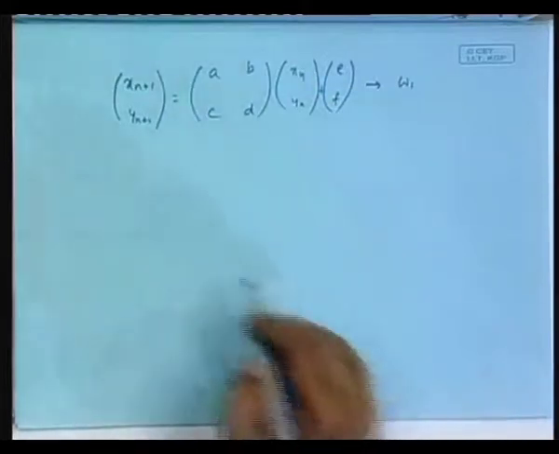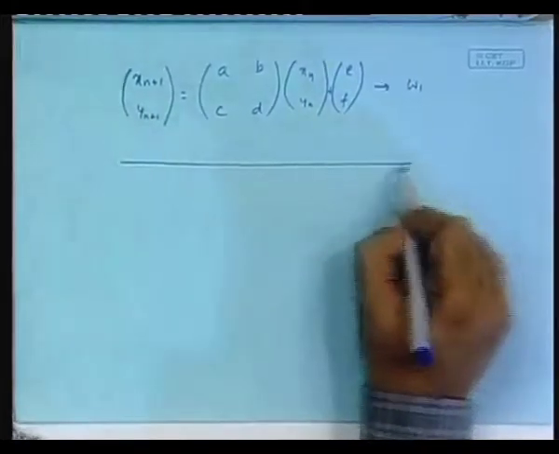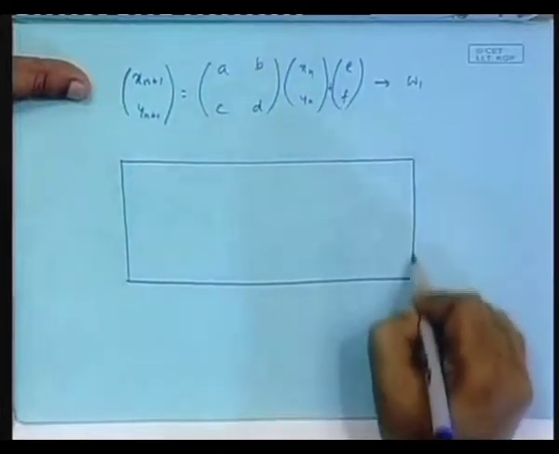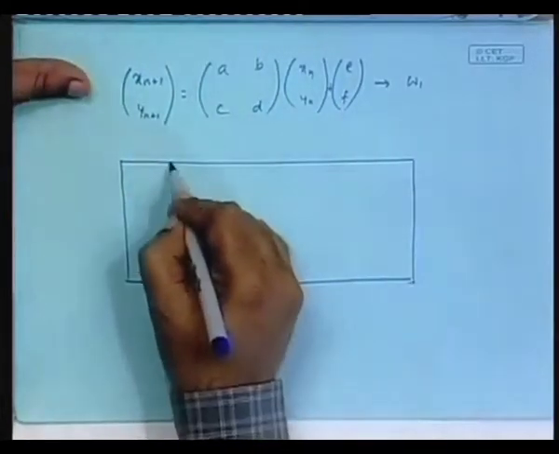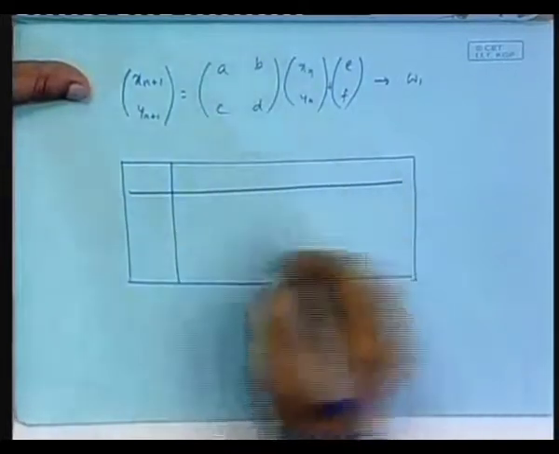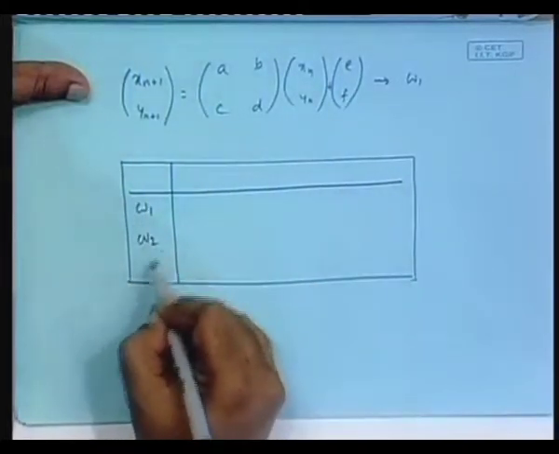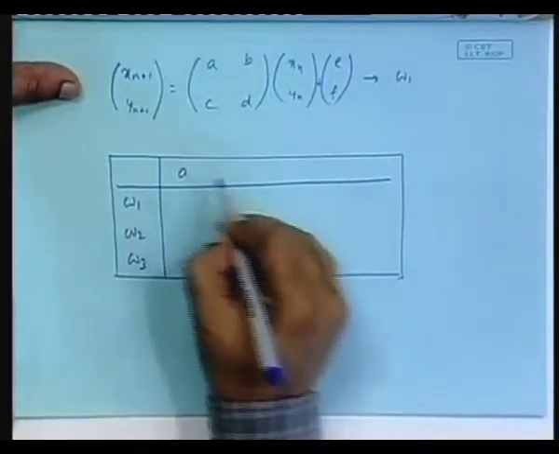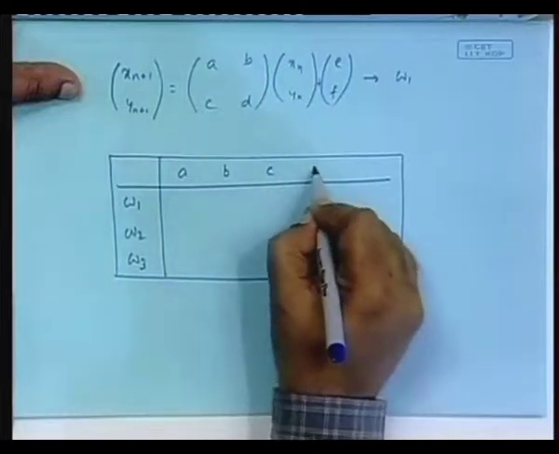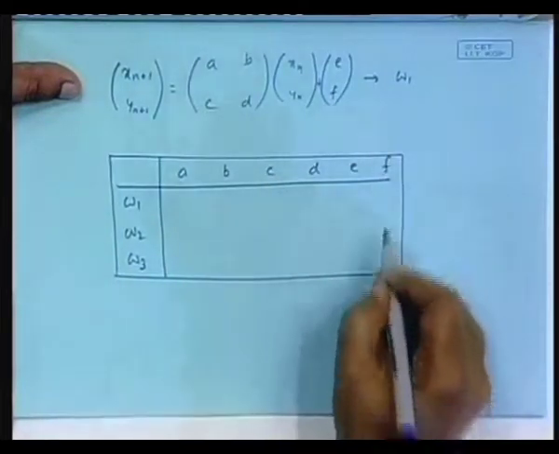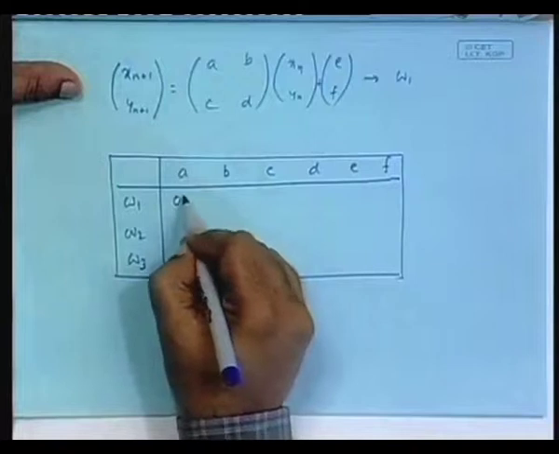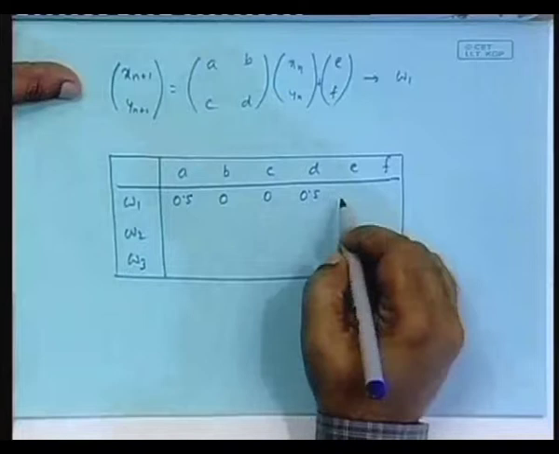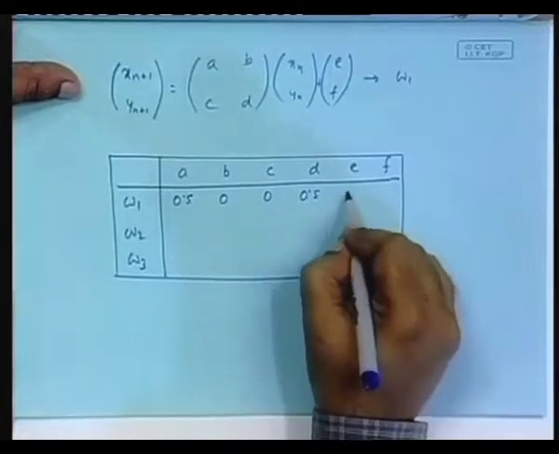I will just put that in a table. W1, W2, W3, you will need 3 of them. A, B, C, D, E, F: 0.5, 0, 0, 0.5, 1, 1.